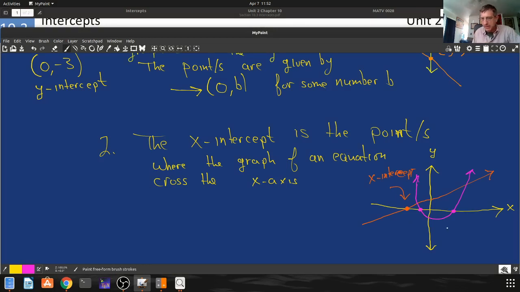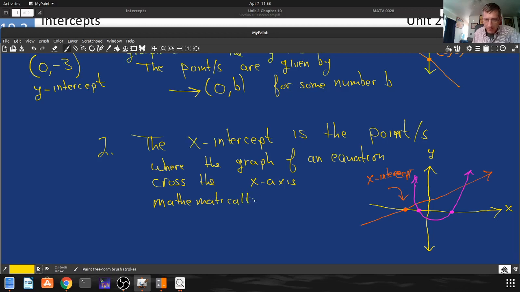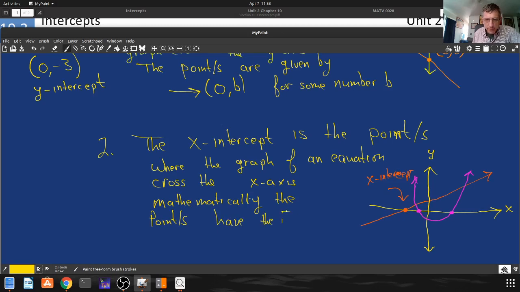Like I said, they're easy to see visually. What do they look like mathematically? Mathematically, and this is the hard one for you, visual's easy, these points, point or points, have the form (b, 0) for some number b.